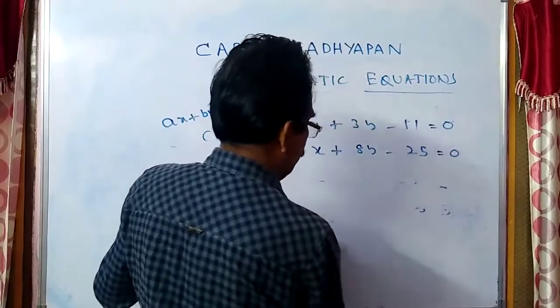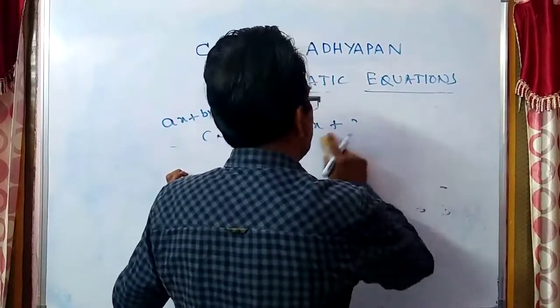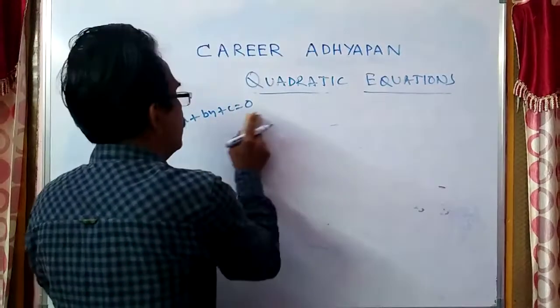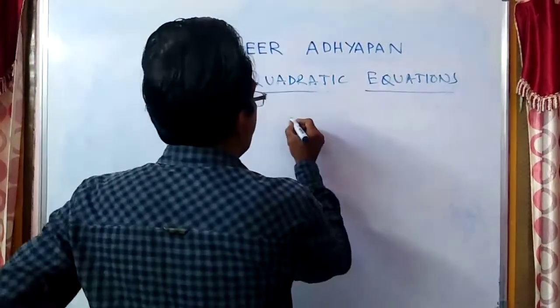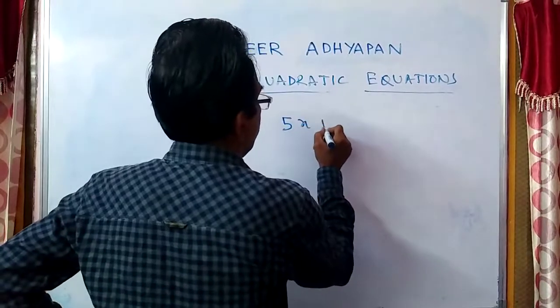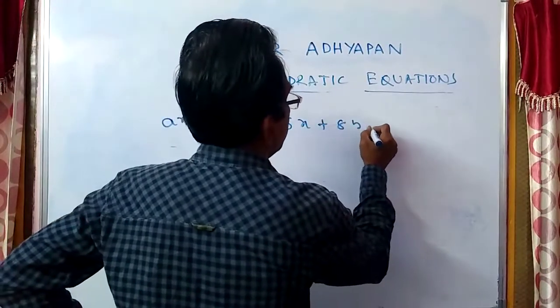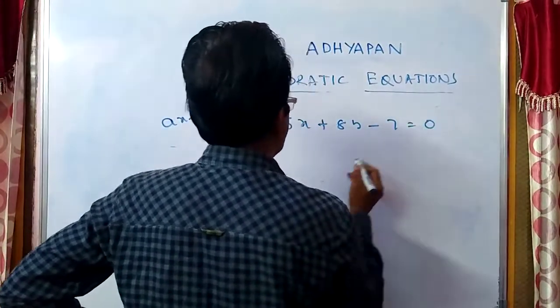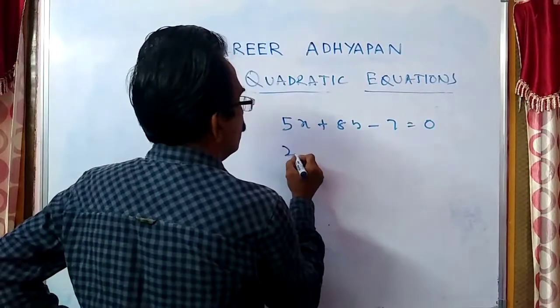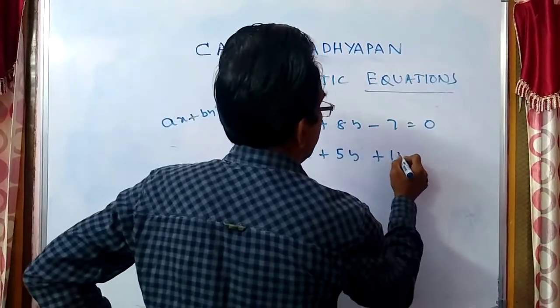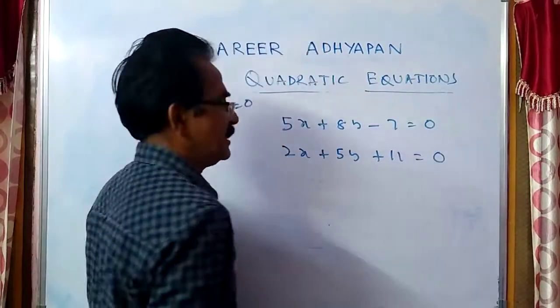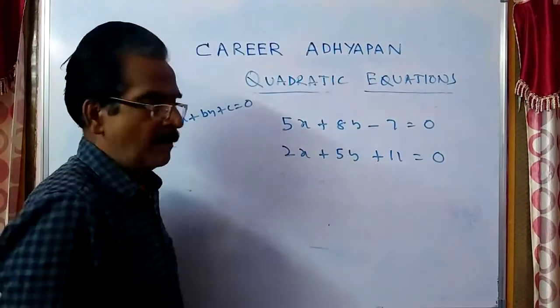Let us see one more example. In case 1, you can write any equation: 5x plus 8y minus 7 is equal to 0 and 2x plus 5y plus 11 is equal to 0. This is another equation.